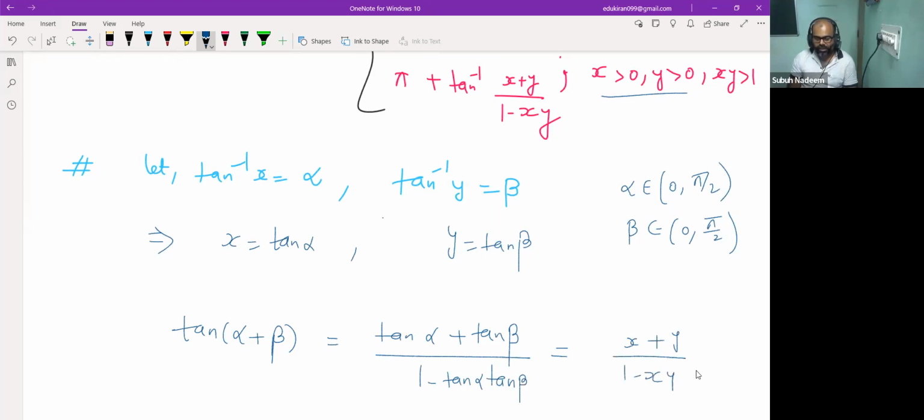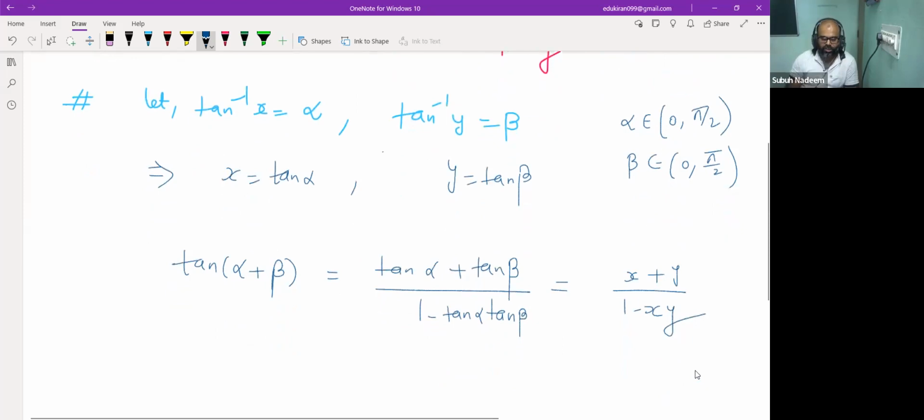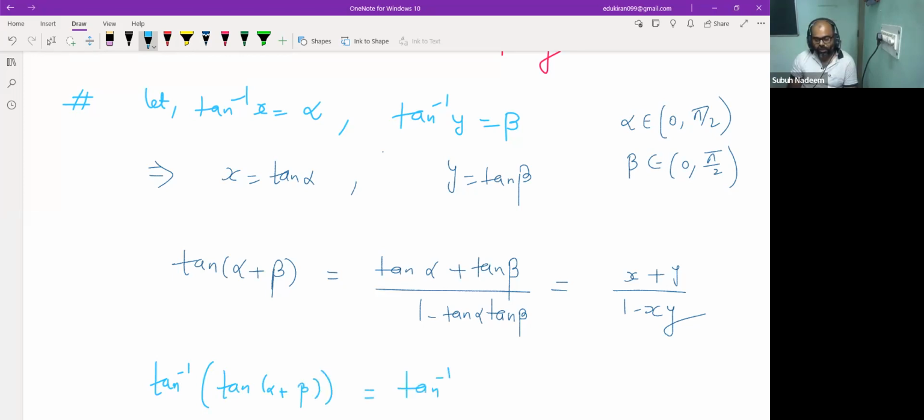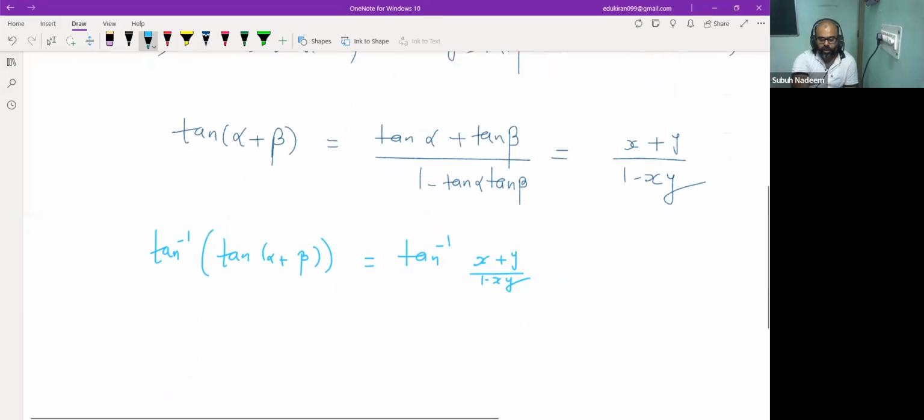There is no complication till here. I will let you write also. First, let us see how we are doing it. Next, this tan has to be taken on that side, that means we apply tan inverse. Alpha plus beta is equal to tan inverse of (x plus y) by (1 minus xy), both the sides. Now the real challenge comes.